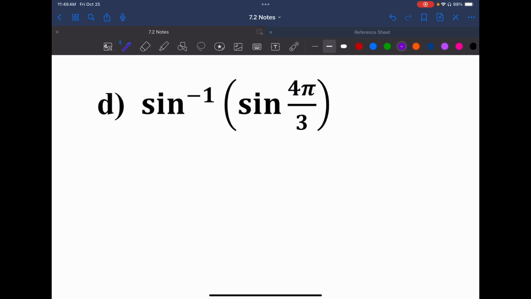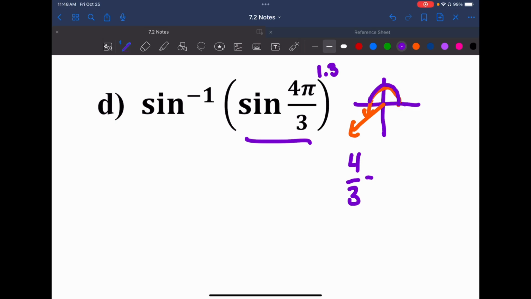Now we have sine of 4 pi over 3. So 4 pi over 3 is not on my trig chart. So if I were to graph 4/3, that would be 1.3. So here's 1.3. If I wanted to take out this 1 from it, I would do 4/3 minus 1. 1 is 3/3, which leaves me with 1/3.